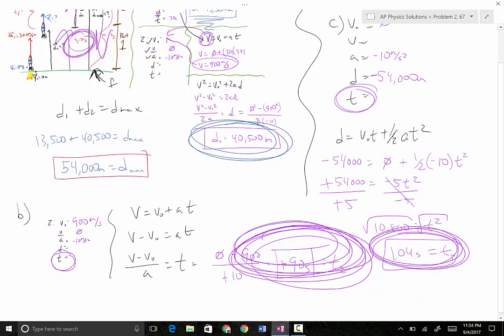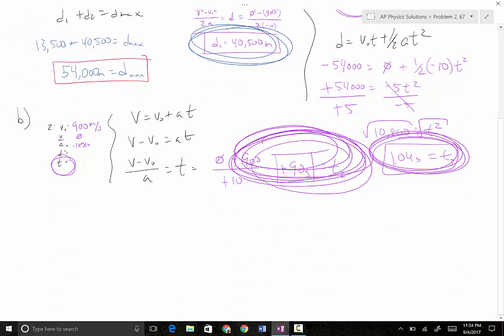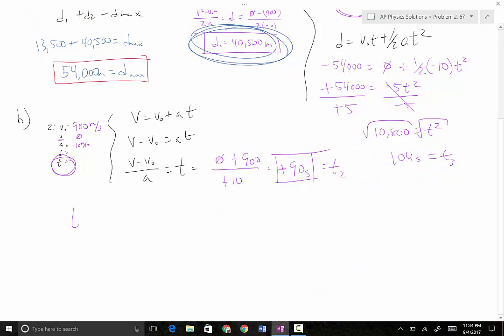So all I need to do now is add up all of those times. So T1 plus T2 plus T3 is going to equal the total time it takes. So T1 was 30 seconds, plus T2, which ended up being 90 seconds, plus T3, which is 104 seconds, and that's going to be the total time.